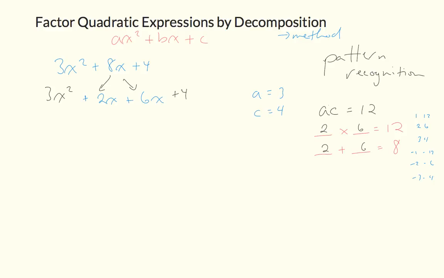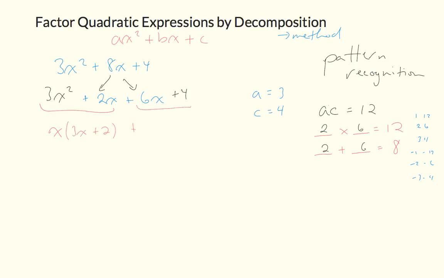So now we've expanded our trinomial into a 4-term polynomial, which in the last video and in your last exercises you learned how to factor, as long as it does factor by grouping. So that's what we're going to do. We're going to look at these first two terms and say, hey, there's a common factor of x here, and that leaves a 3x and a 2.